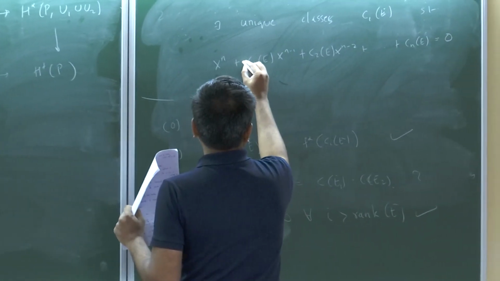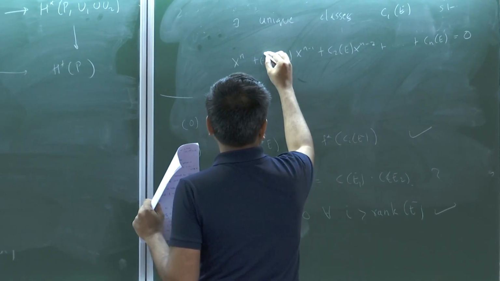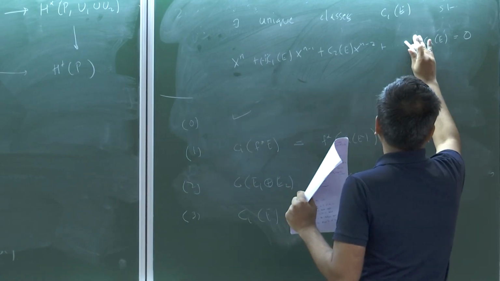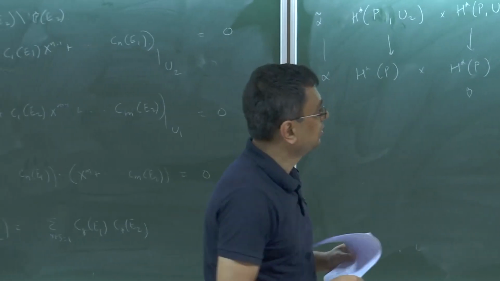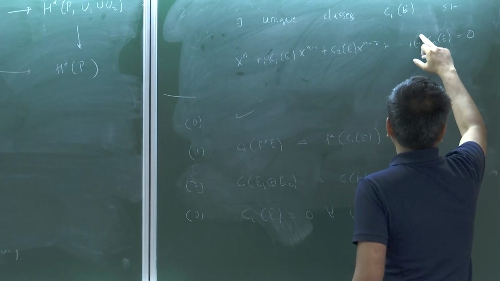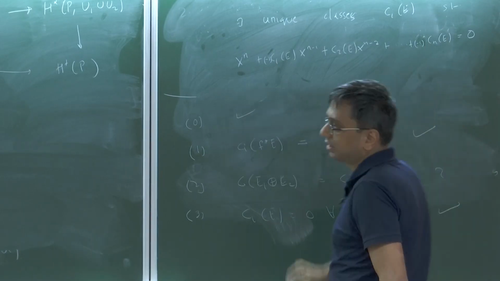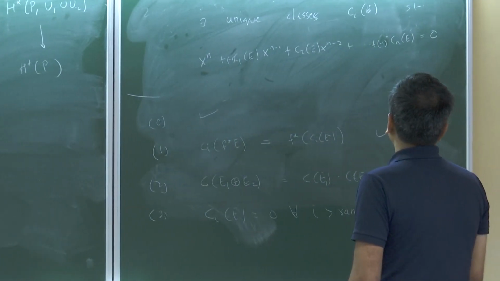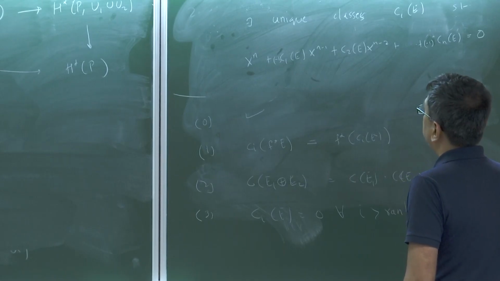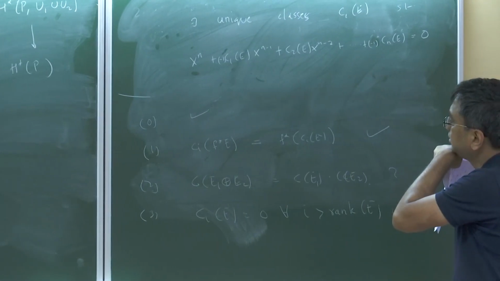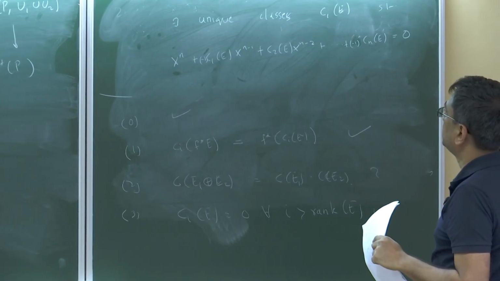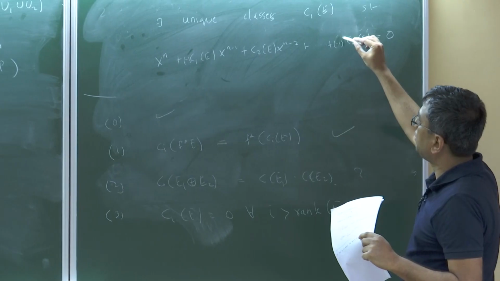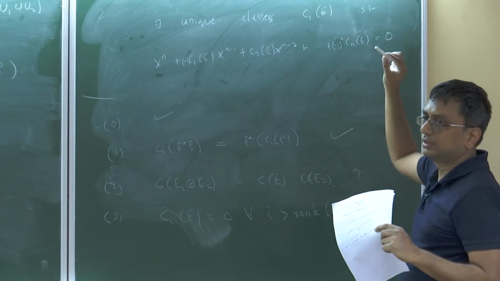In order to rectify that, I have to put a sign, (-1) to the power of the index of the Chern class, not the power of x.